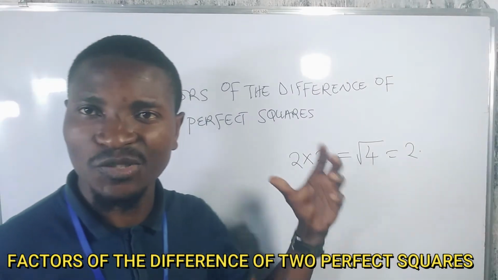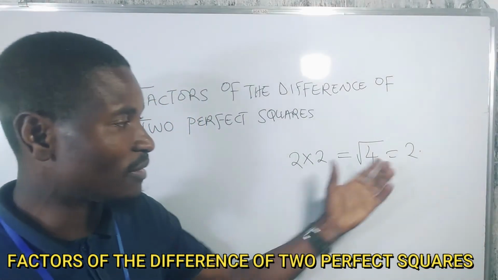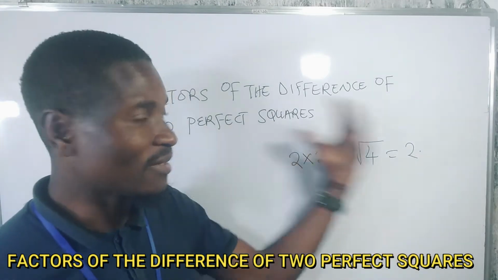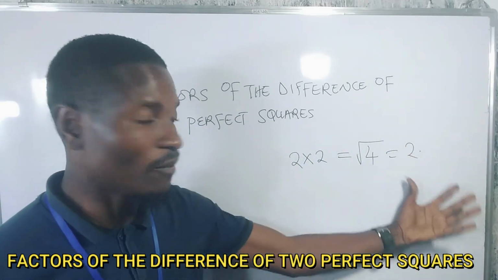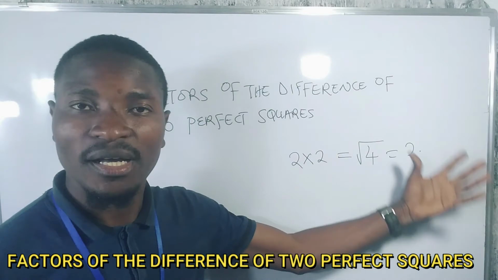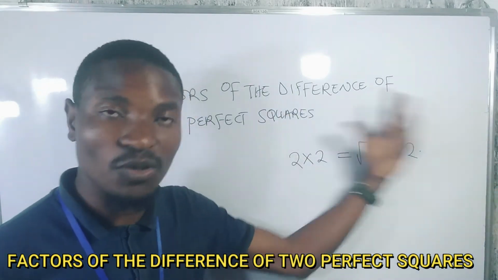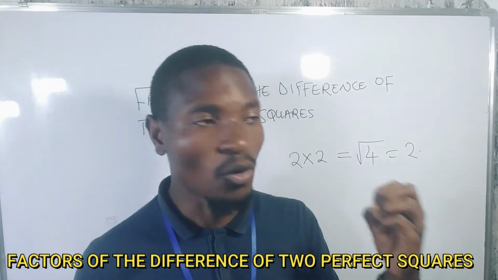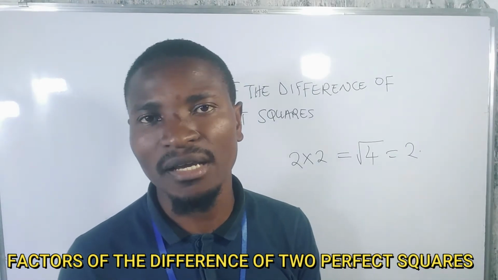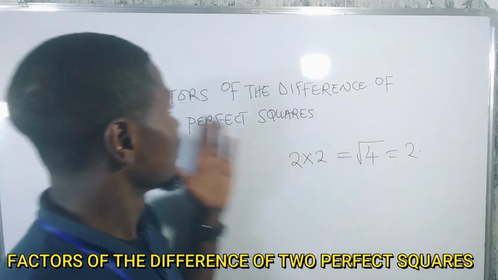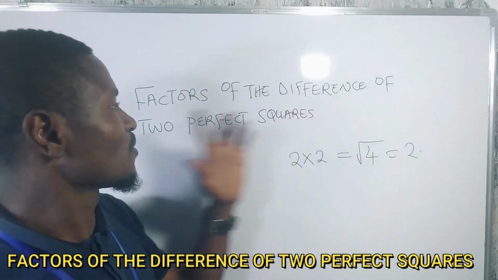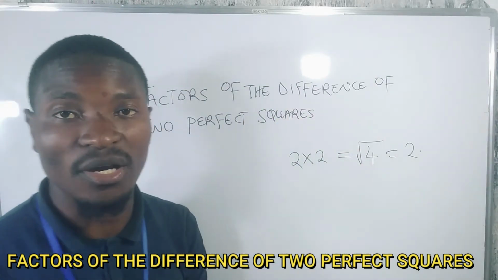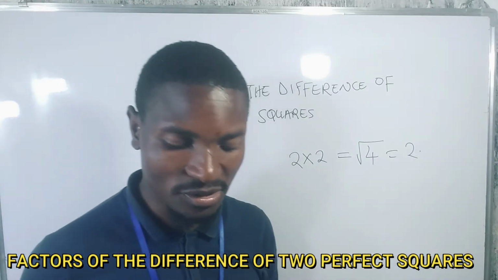These are the numbers that you can square in order to get the number 4. Once I find the square root of 4, I get 2, and if I square the 2, I get 4. That is what we mean when we say the factors of a difference of two perfect squares. So now let's dive into that.